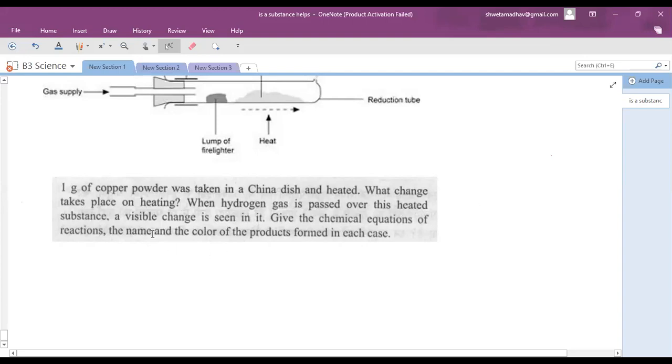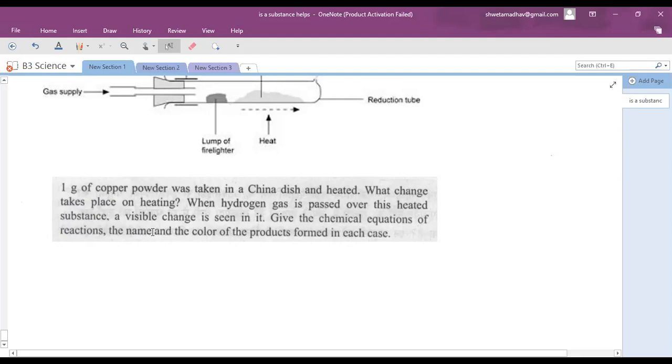So name of the product in the first equation, the product is copper oxide. And here the word used is name, and most of the students lose marks because they write CuO. Why are they losing marks for that? Ma'am, they are asking the name of the compound.